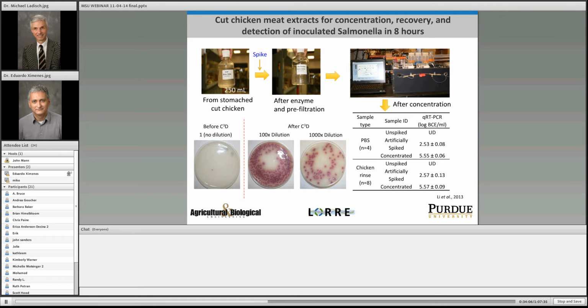And we could also, by using qPCR, confirm the results on the detection of salmonella.